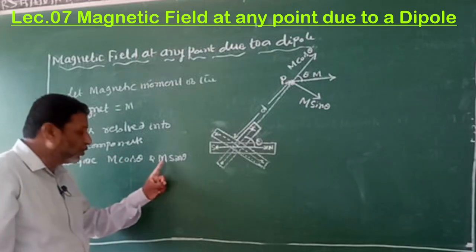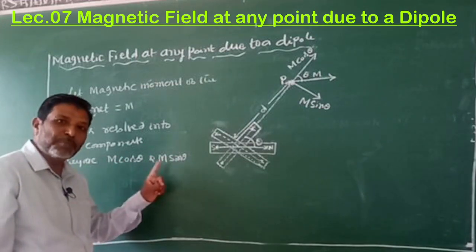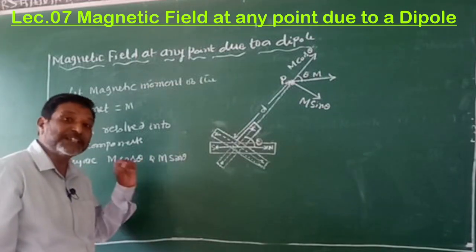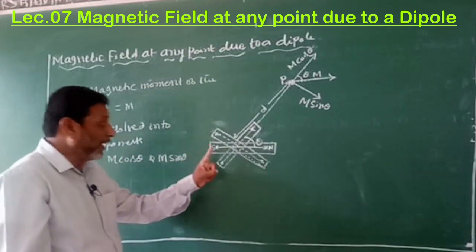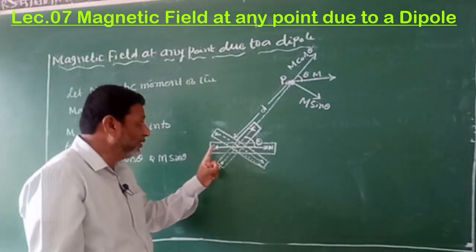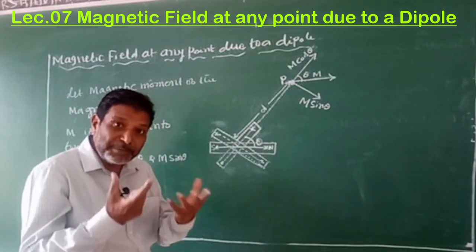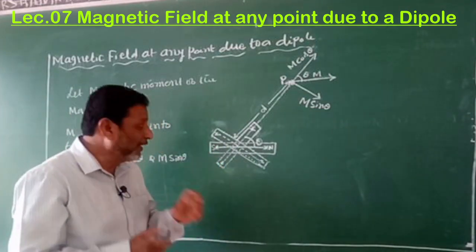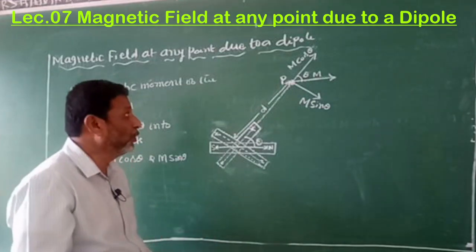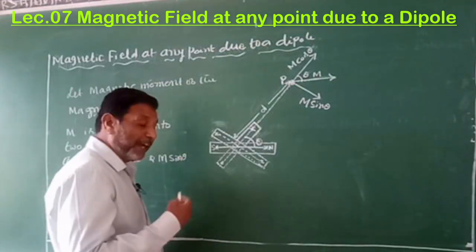Now these two components are perpendicular to each other. Hence, the one magnet having magnetic moment m can be split into two magnets.